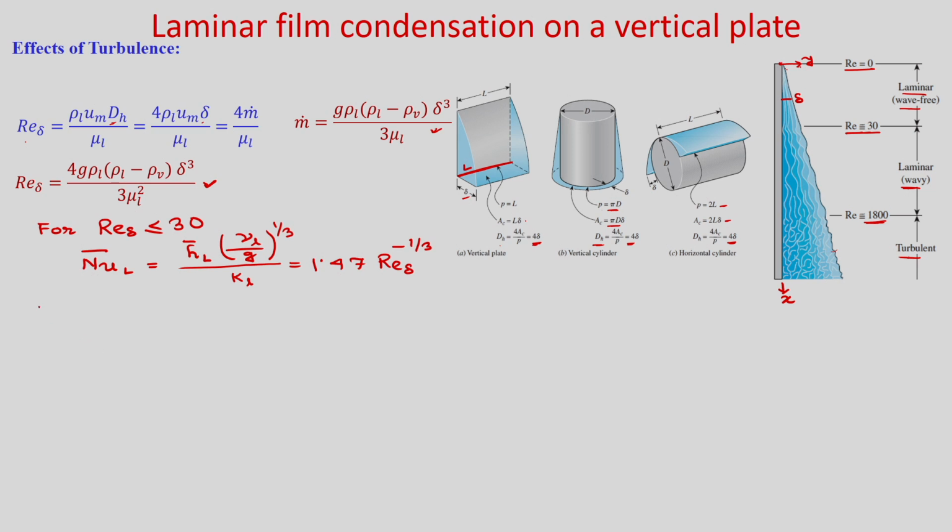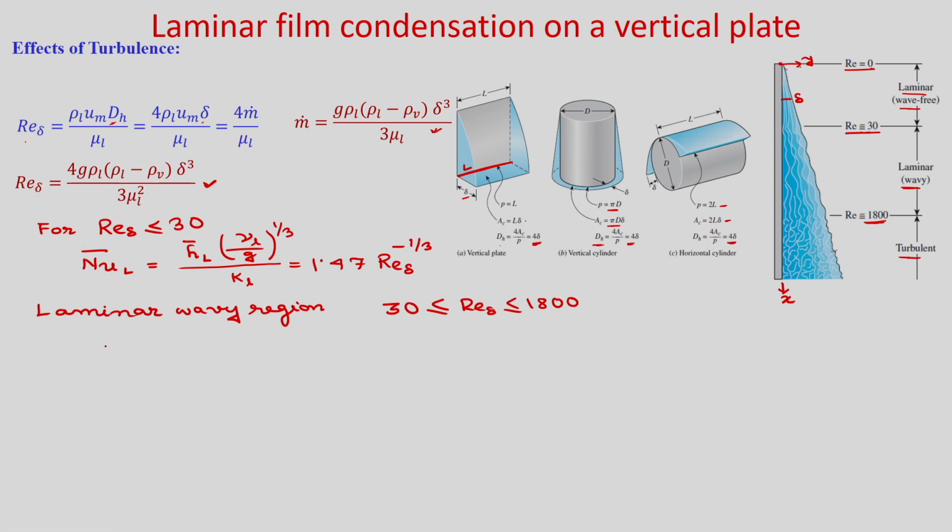Now, for the laminar wavy region, in the range of Reynolds number between 30 and 1800, okay.